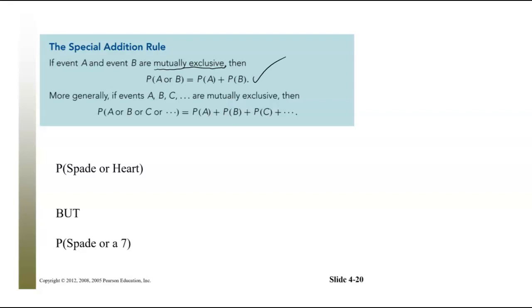So let's talk about a spade or a heart. Well, spades and hearts don't have anything in common, right? So we can simply figure out, what's the probability of a spade plus what's the probability of a heart?